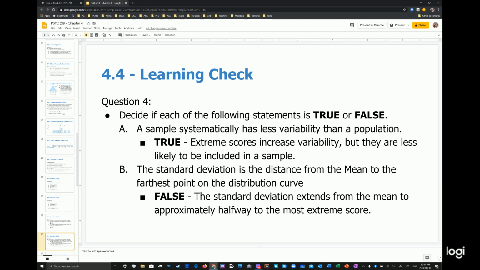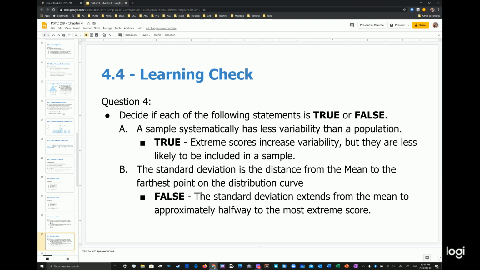And if you answered true for A, you're right. Remember what we talked about. In random selection, where everybody in the population has an equal chance of being selected as a sample, by probability, you're probably going to grab a sample with a lower spread. You're going to probably grab more people from the average group. And think about this.